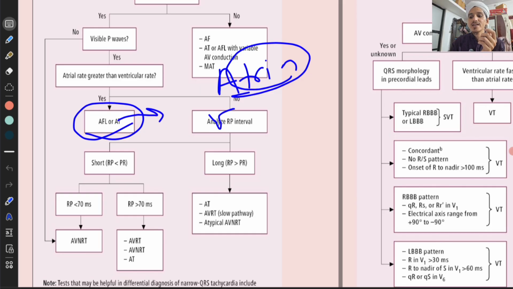It is also changed in atrial flutter, but here you can find flutter waves in atrial flutter, and the atrial rate is very high, 300 to 400 beats per minute, but the ventricular rate will be normal. So if atrial rate is greater than the ventricular rate by seeing the P waves and R waves, then it is atrial flutter or atrial tachycardia.